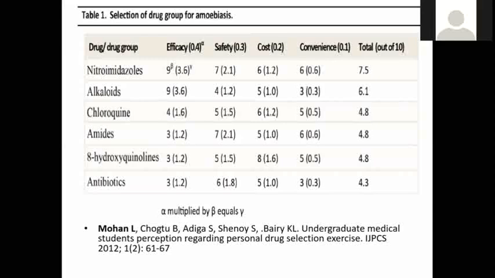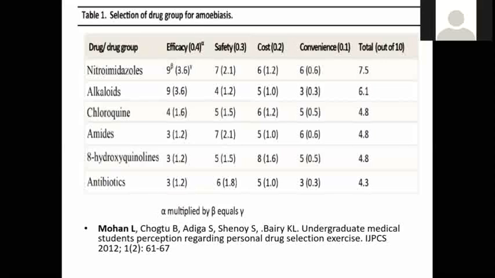As we said before, the weights are efficacy 0.4, safety 0.3, cost 0.2, convenience 0.1. And here we give points out of 10. Nitroimidazole has good efficacy, so we give 9 points out of 10. Alkaloids also have good efficacy, so 9 points.